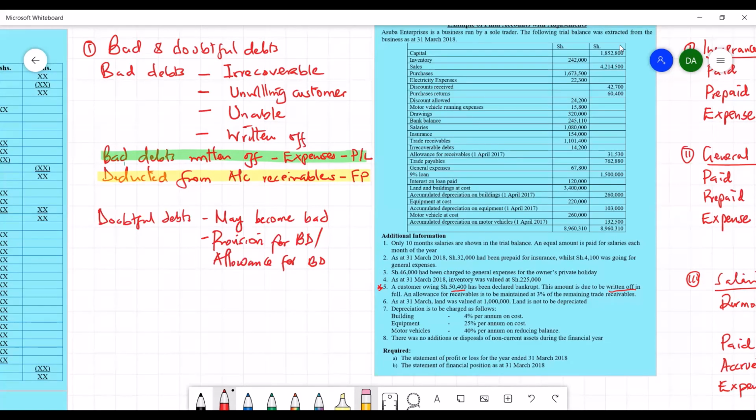To recognize that, the allowance is created, and that allowance creates an expense in the statement of profit or loss, an expense known as increase in allowance for bad debts.